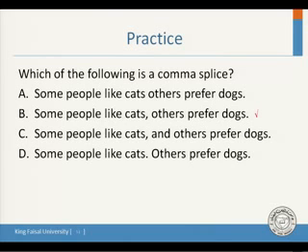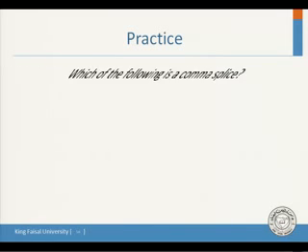What's the difference between C and D? Okay, sentence C is a compound sentence. D, we have two simple sentences. You can see full stop, which means another new sentence.